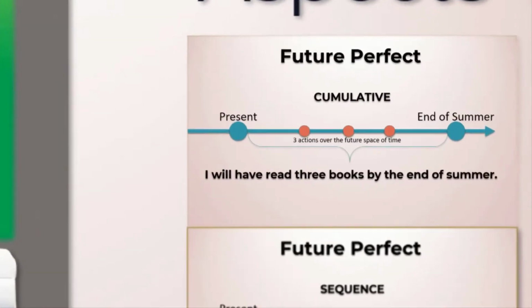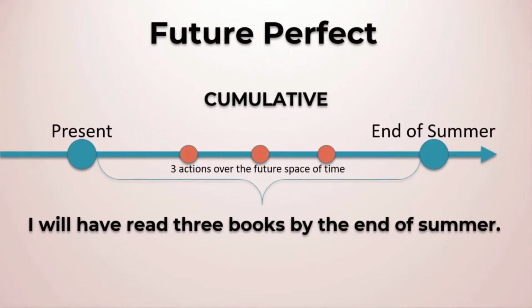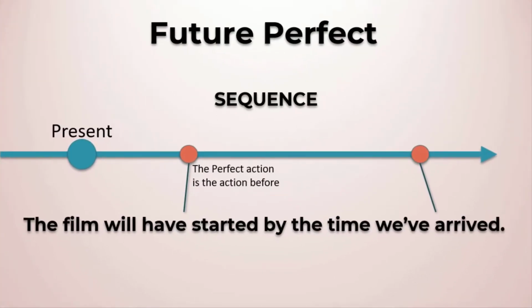Cumulative means that we group all the actions that occur over time and they're covered by one verb. Sequence is about the timing and order of either two actions or one action in reference to the stated time. And the perfect is always on the action or verb before.